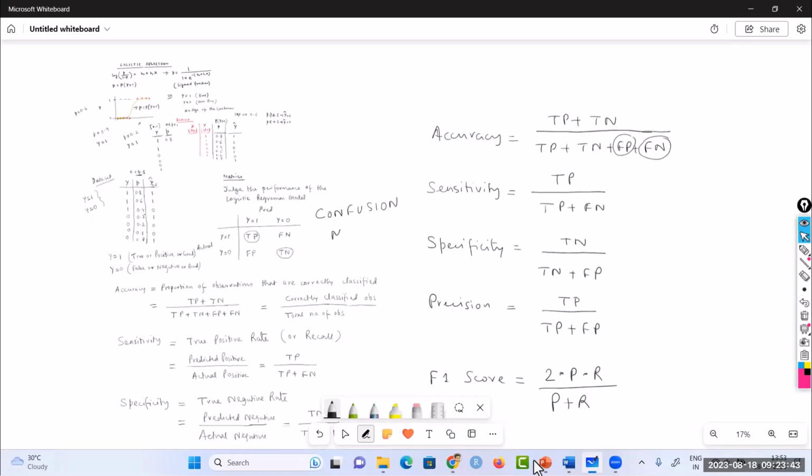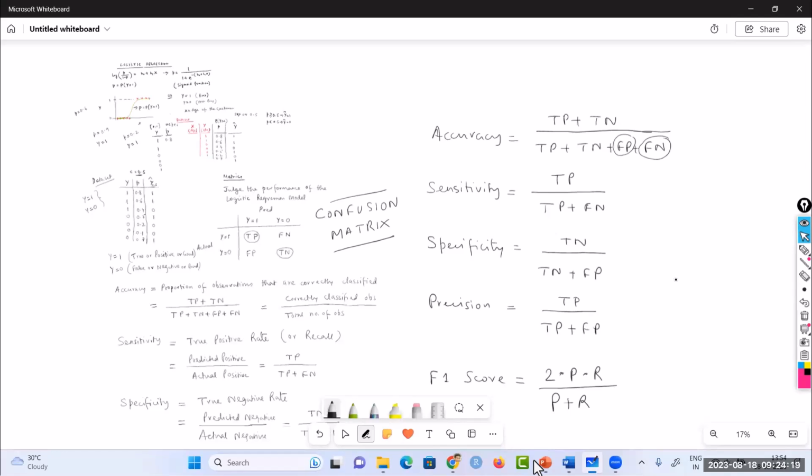If the number of observations in false positive and false negative is not that different, that means they are more or less balanced, then accuracy will be a good metric.